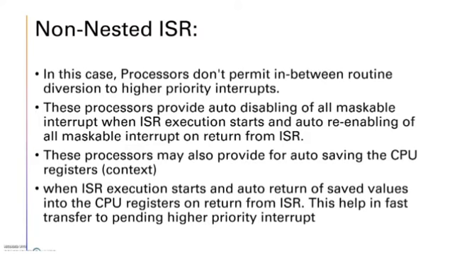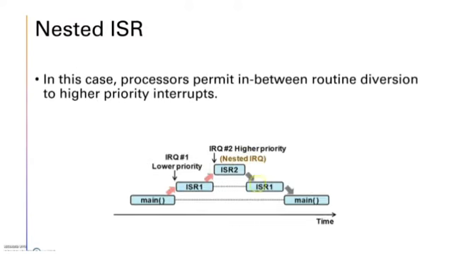The processor doesn't permit in-between routine diversion to high priority interrupts. These types of interrupts can further be described by two terms: preemption and non-preemption. Preemption means one interrupt was being executed and it has been preempted by another interrupt.